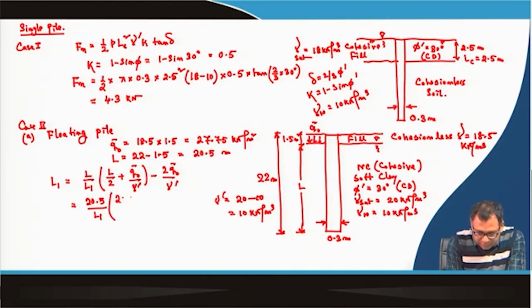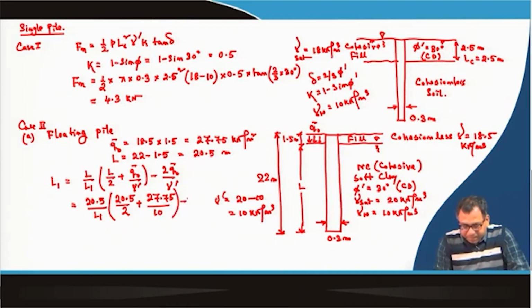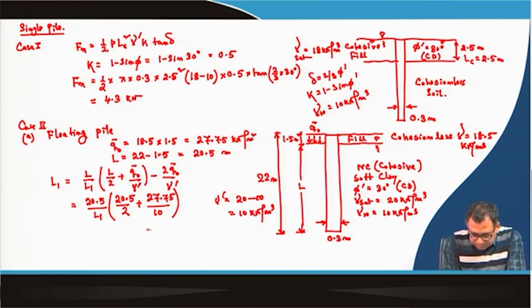L is again 20.5 divided by 2 plus Q 0 bar is 27.75 divided by 10 minus 2 into 27.75 divided by 10. Okay, again gamma dash is equal to 10.